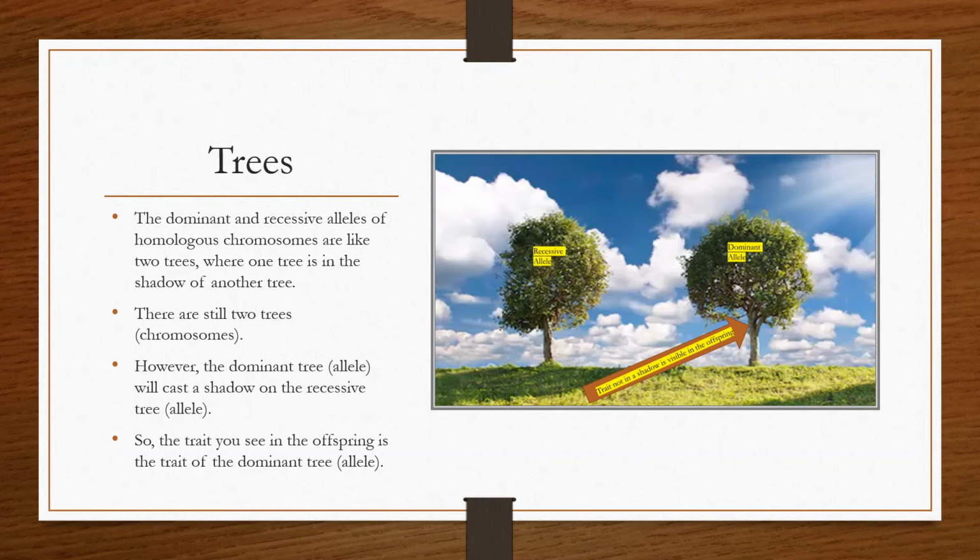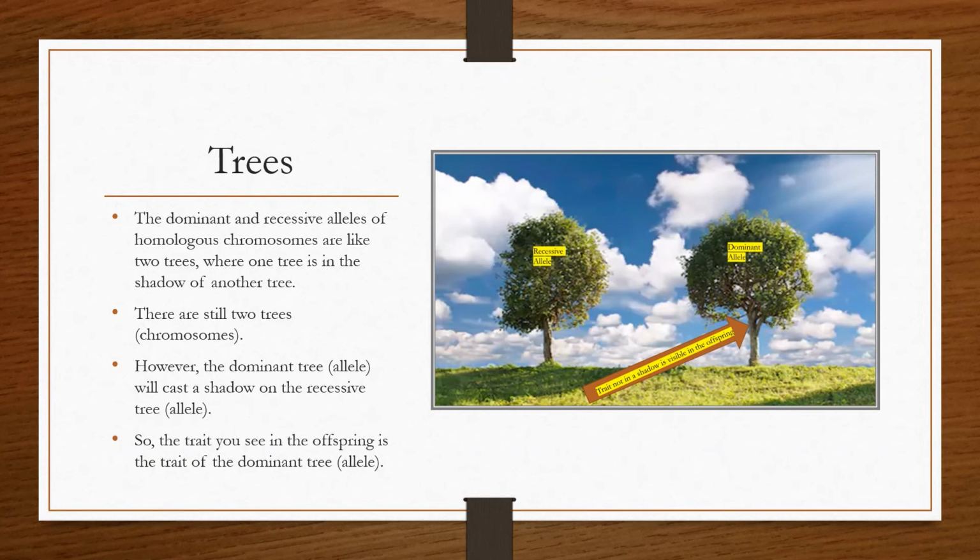Trees. I like to think of the two different chromosomes, two different alleles of the gene, as two trees together. The dominant and recessive alleles of homologous chromosomes are like two trees, where one tree is in the shadow of another tree. So there's still two trees, still two chromosomes, still two different alleles of that gene.